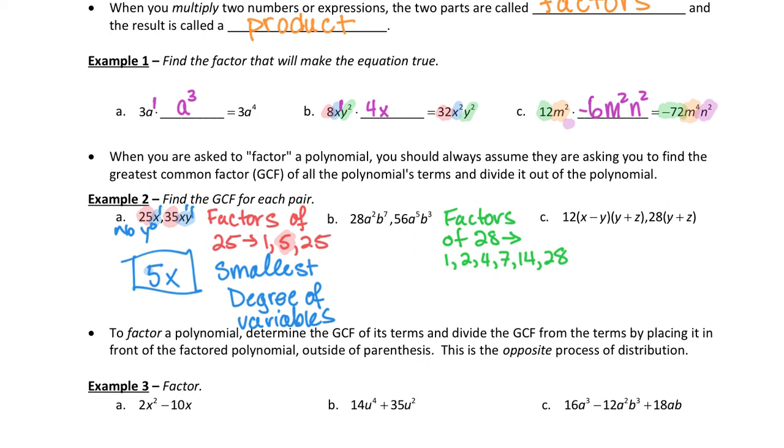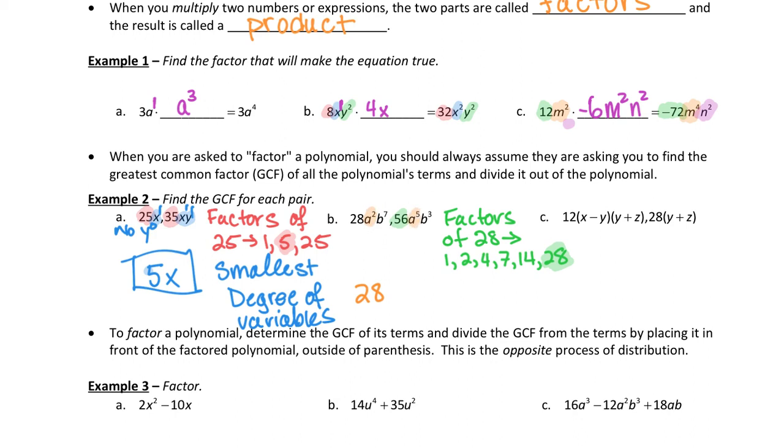So our GCF is actually the largest. Okay, so this is a weird way to say it. It's going to be the largest factor of 28 that also divides into 56. So my numerical GCF is 28. Now my variables are a lot easier. So we're going to take a look at a squared and a to the 5th.